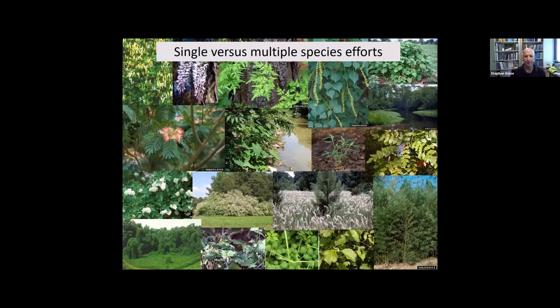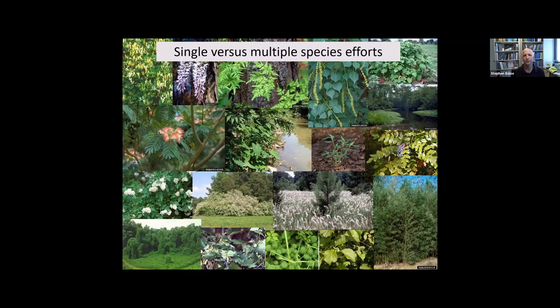So this is a southeastern suite of species, but it gives the concept of, we deal with a lot of species, and in some situations we will be going after multiple species that may be everything from herbaceous all the way to woodies. Aquatics may be involved, wetland situations may be involved. And when we get into training our crews to address multi-species complexes, it can be a bit of a different mentality.